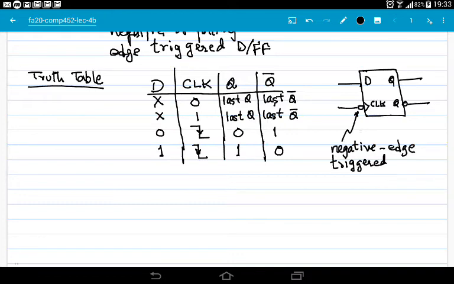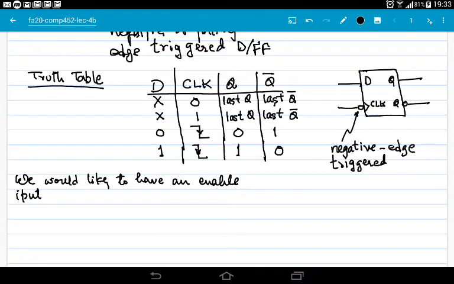So likewise, we would like to have an enable input in our flip-flop FF.